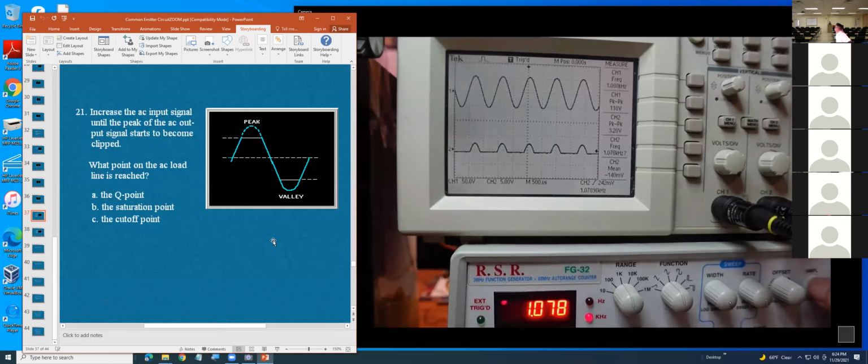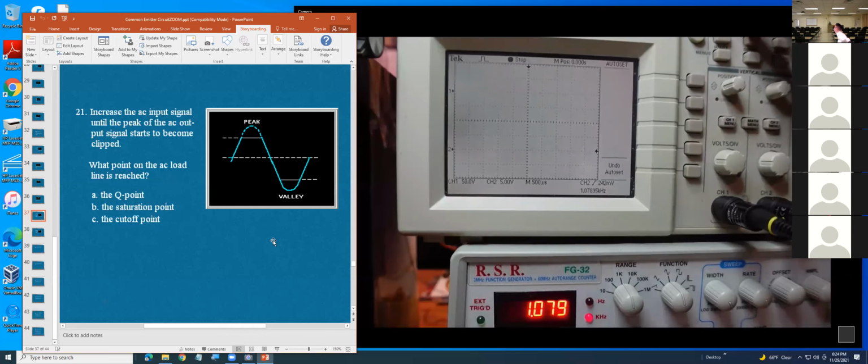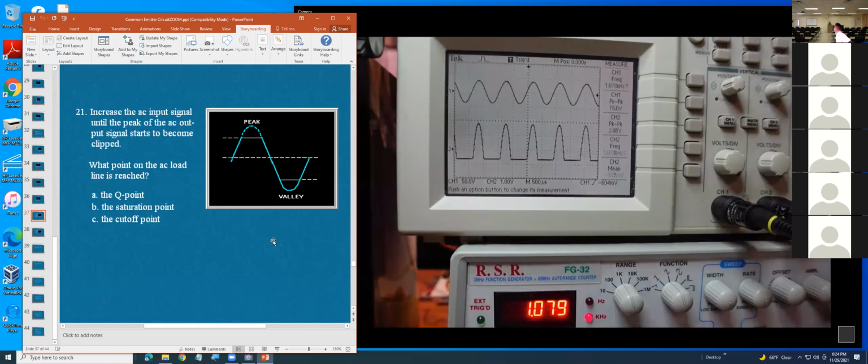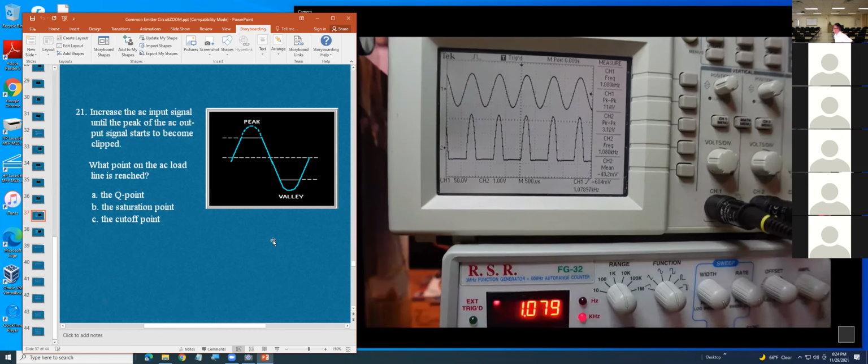And we try to increase. Let's see. Oh, sorry. Connect output into the output here.